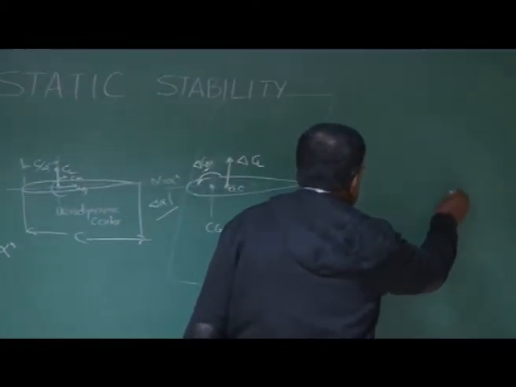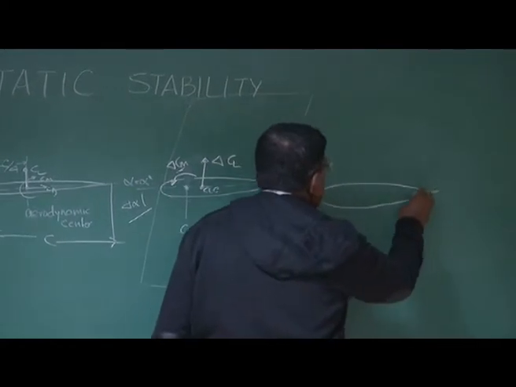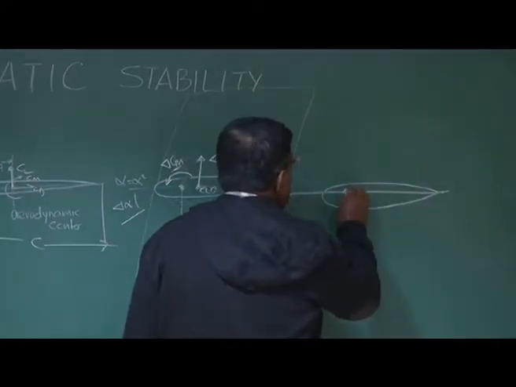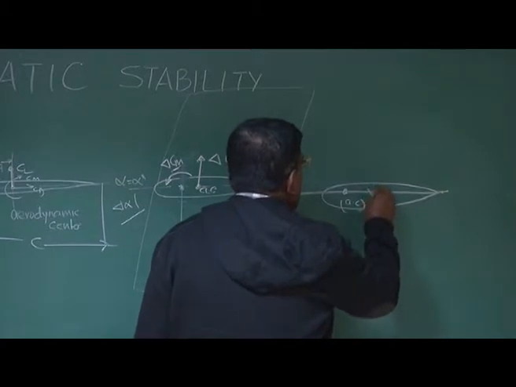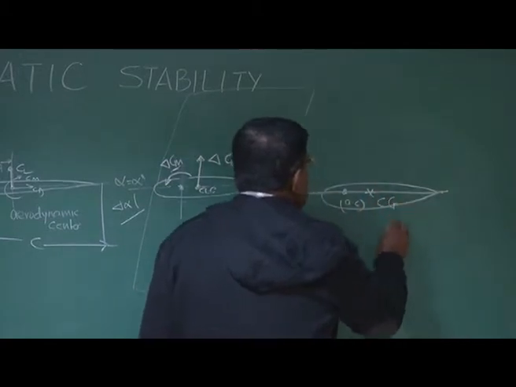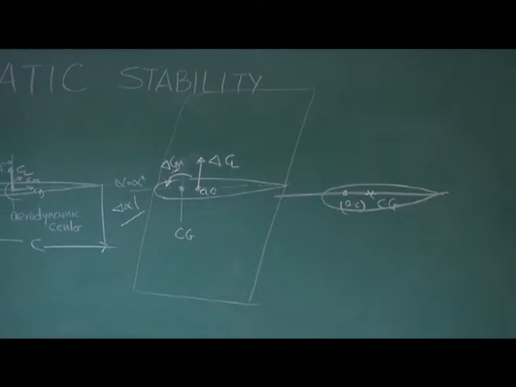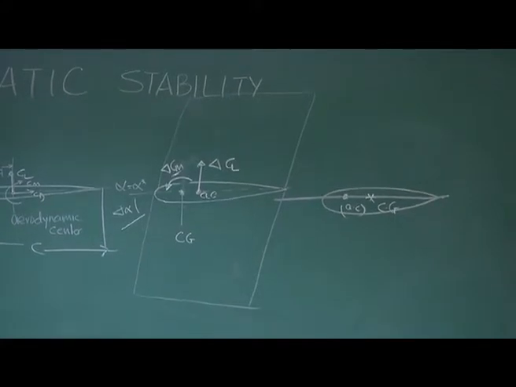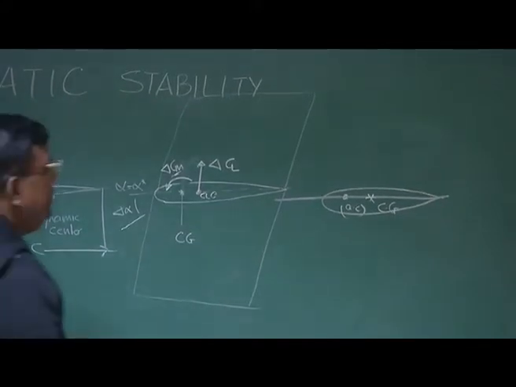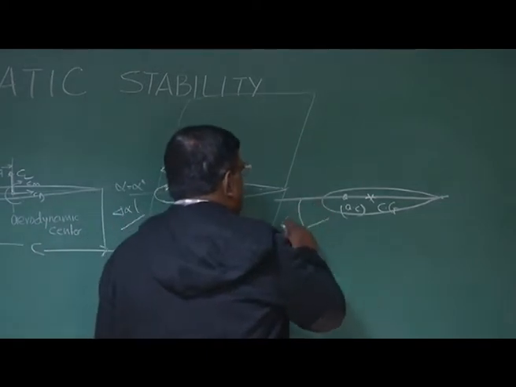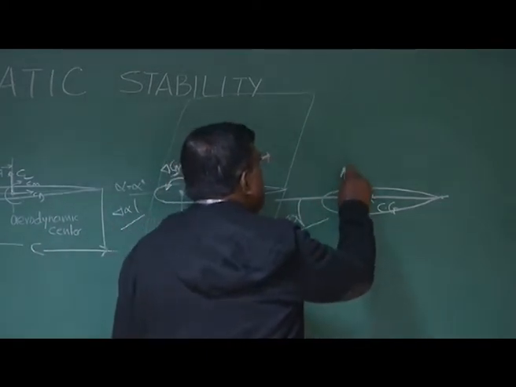You can immediately see that if this is the aerodynamic center and if CG is behind the aerodynamic center, or I say the aerodynamic center is ahead of the center of gravity, then what happens? If there is a disturbance delta alpha, there will be a force here.